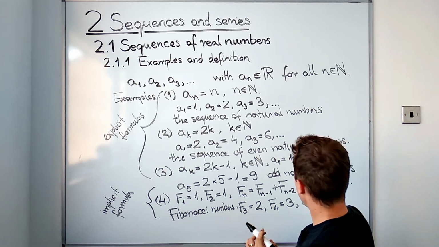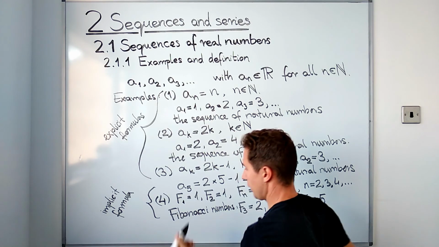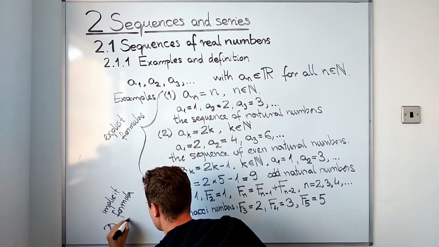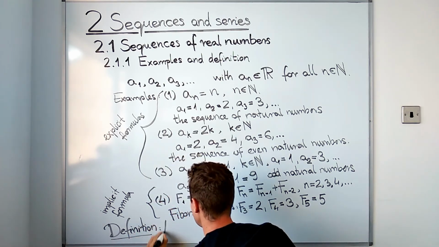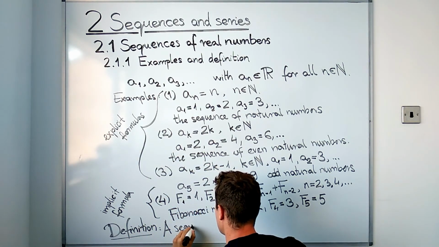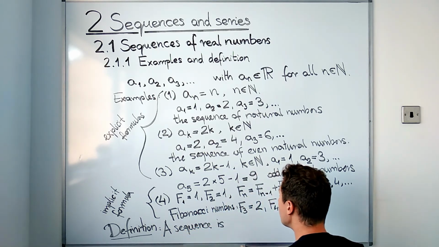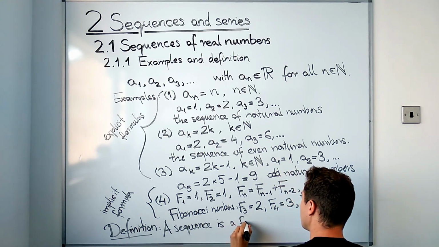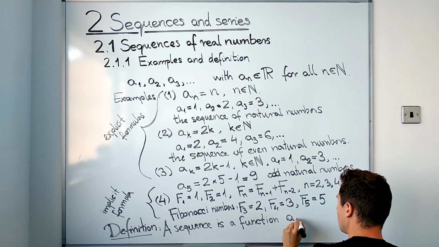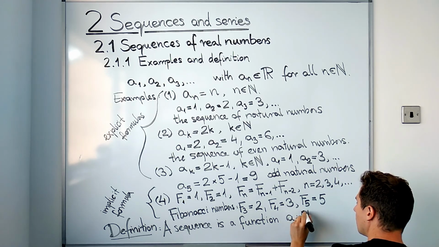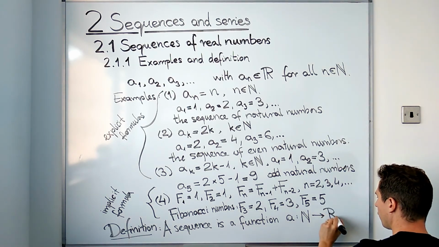And before I end this video, I would like to give you the more rigorous definition of a sequence. So a sequence of real numbers is a function, a mapping going from the set of natural numbers to the set of real numbers.